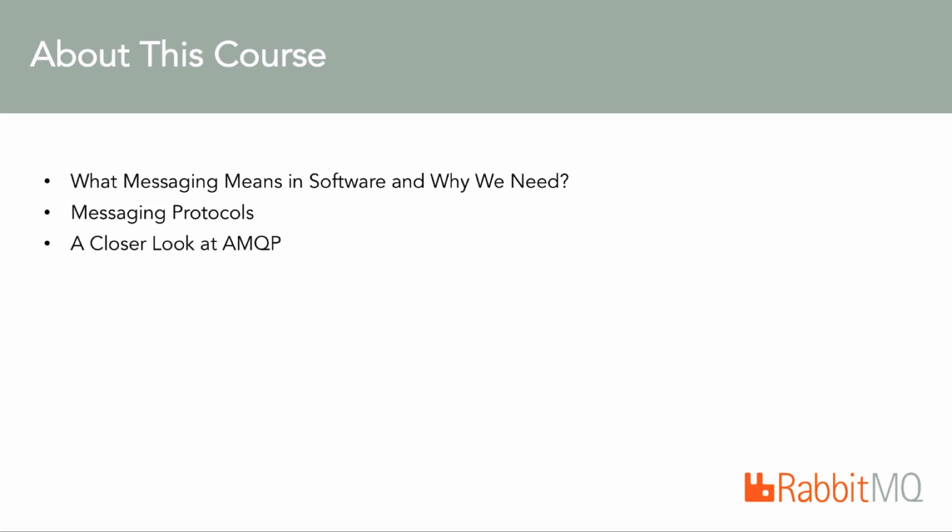After we finish with the protocols, we're going to take a closer look at the AMQP, Asynchronous Message Queuing Protocol. And finally, we're going to meet RabbitMQ, the popular message queuing protocol for almost any environment that we have.